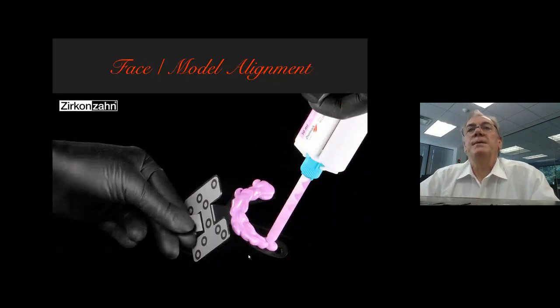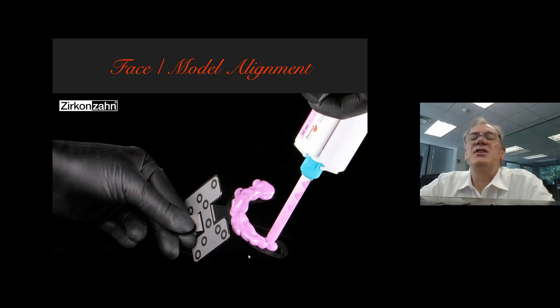The second important phase is the face model alignment. We create this by utilizing what is called the face transfer fork. It is the only procedure that is invasive on the patient, and it basically captures a bite, or the position of the maxilla, by means of that bite material with exposure of the digital markers.